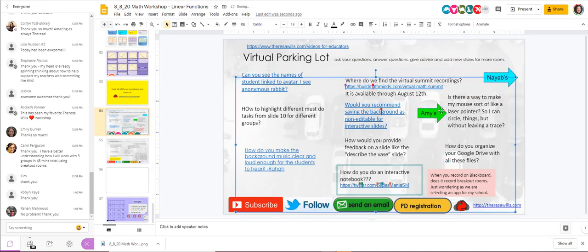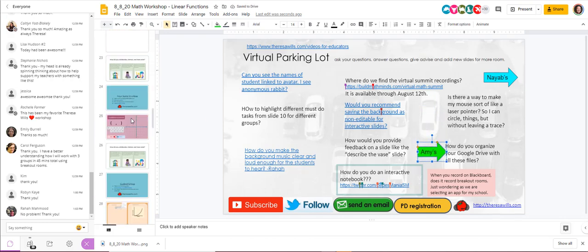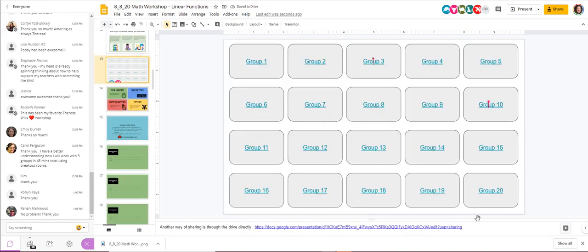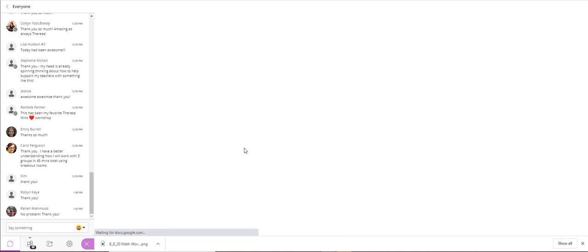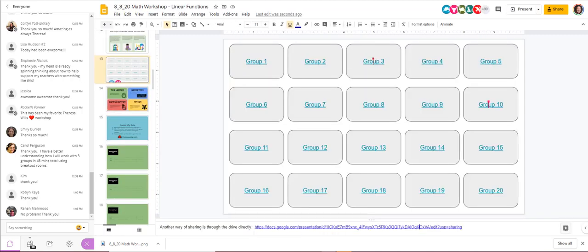How do you organize your Google Drive with all these files? I maintain one place in Google Drive for all 20 groups, and this is the link to all 20. Oops, it's just 20 for some reason.